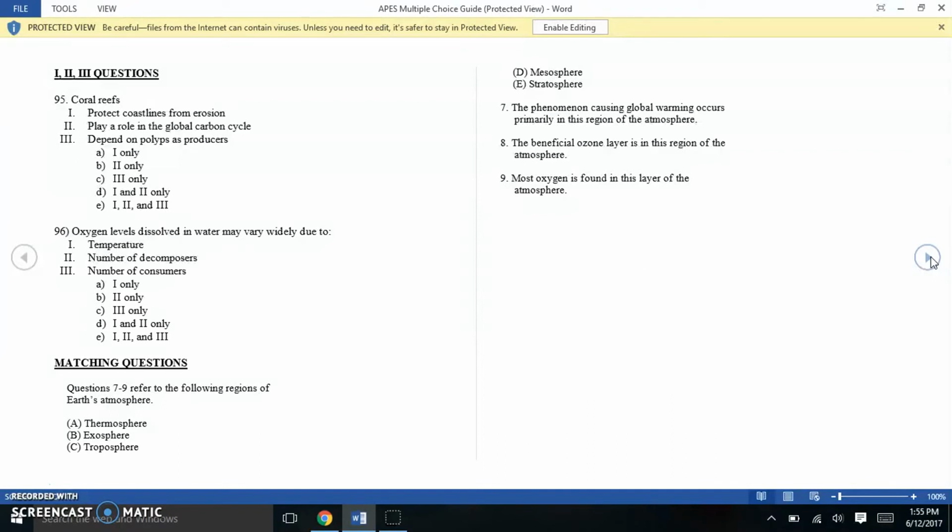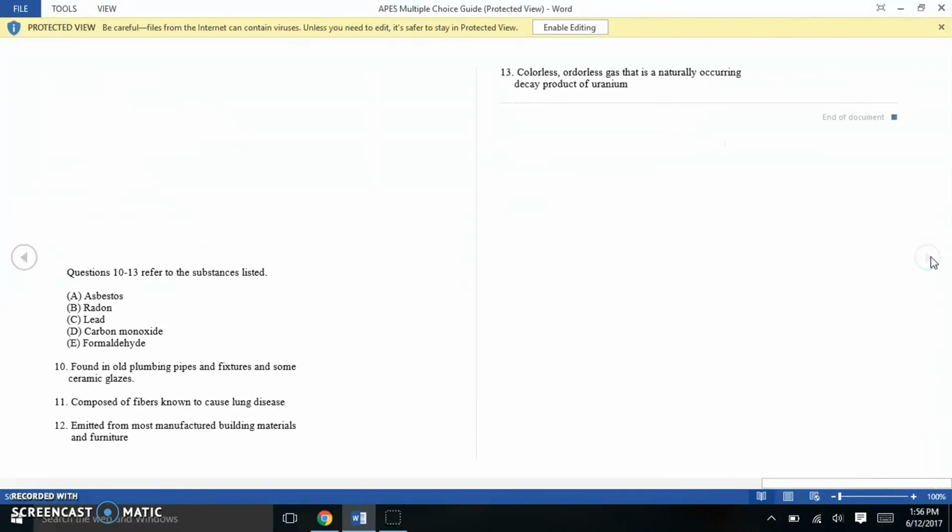And then in matching questions, this is going to give you a listing of the possible answers. This one has A, B, C, D, and E, and then below there you have questions 7, 8, or 9. So which one of these would be related to the best answer with the question? And this is another form of how they write their questions. Here's another example.